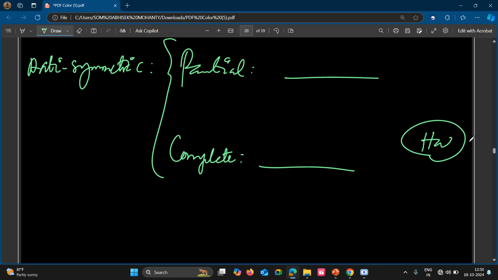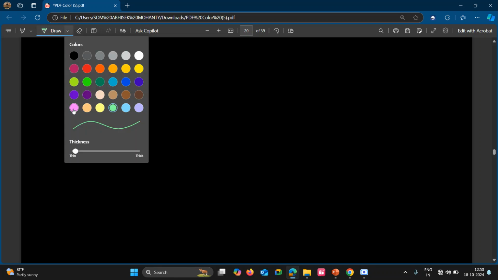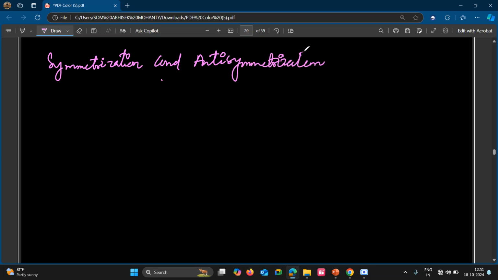Next given, symmetrization and anti-symmetrization of tensors.